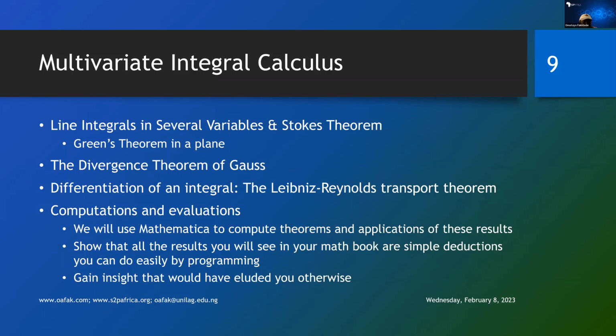And then we are going to do computations and evaluation. We'll use Mathematica to compute theorems and applications of these results. I will show that all the results you will see in your MacBook are simple deductions you can do easily by programming. I will gain insight that would have eluded you otherwise. So we're going to go back to multivariate integral calculus after we have learned a little bit more about tensors.